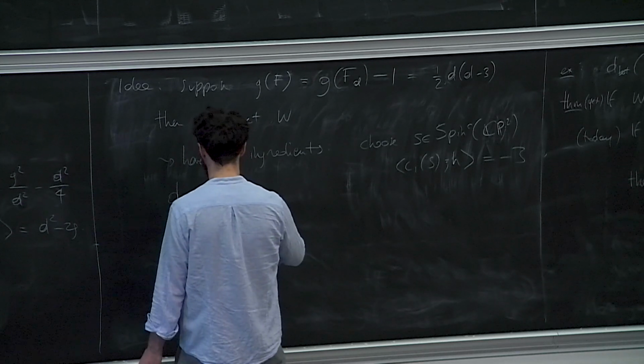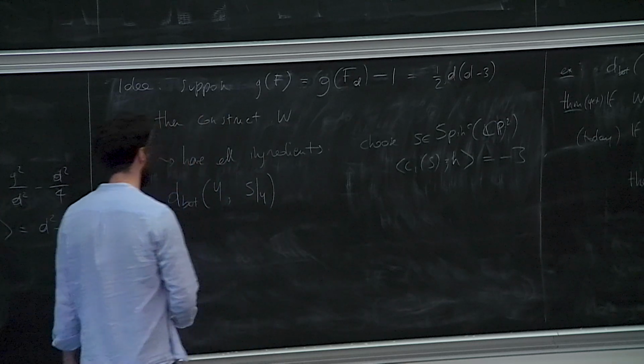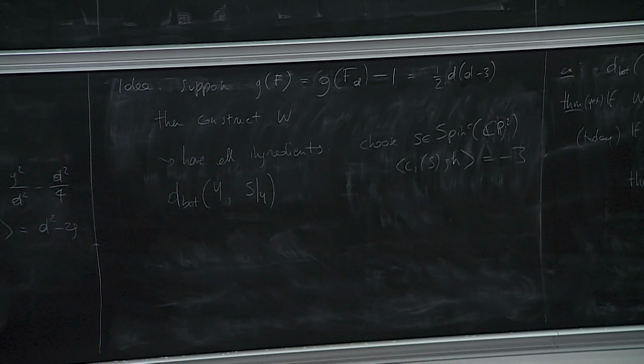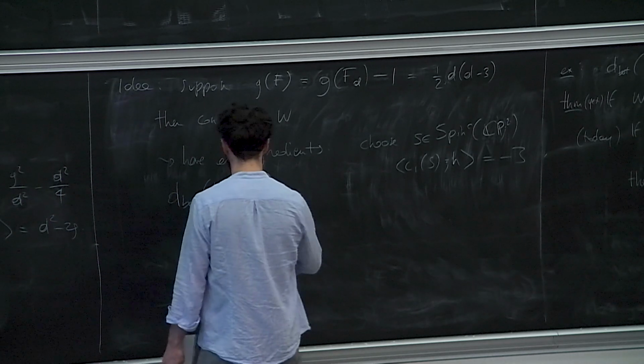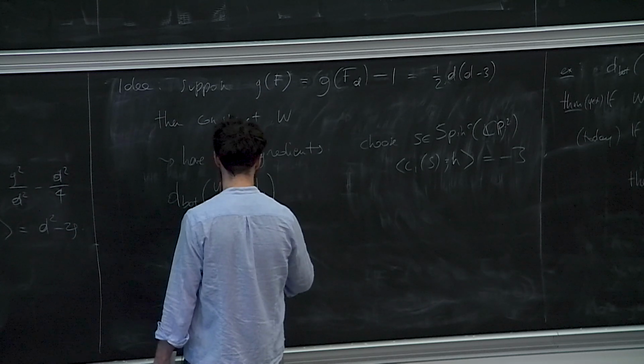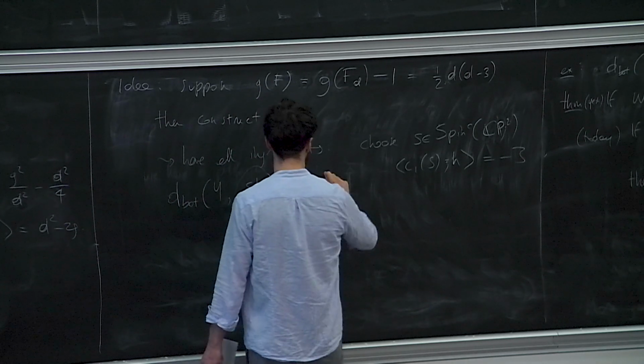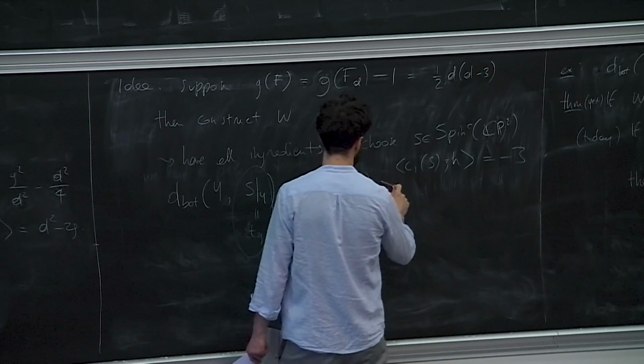So the d bottom of Y, in the restriction of S to Y, you can check using all that I said, that this is the same as S_G or T_G, plus 2b1(Y), and this has to be at least 0.